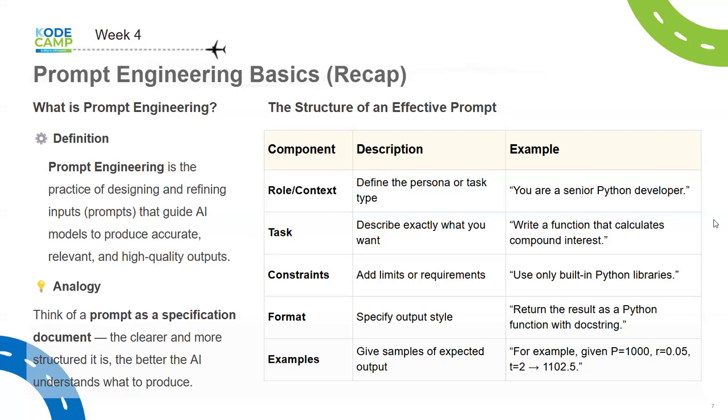And like I said, the structure of an effective prompt, first of all, always specify a role, context, persona, right? You're a senior Python developer, a senior engineer or something. Always specify the task you want it to do. It needs to be as precise as possible, as specific as possible.